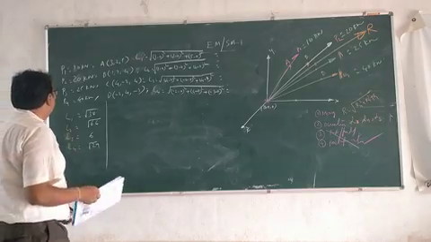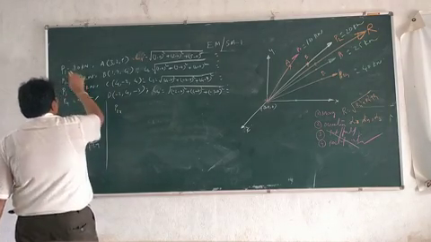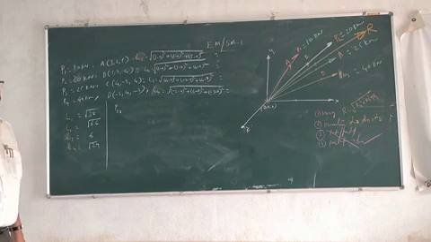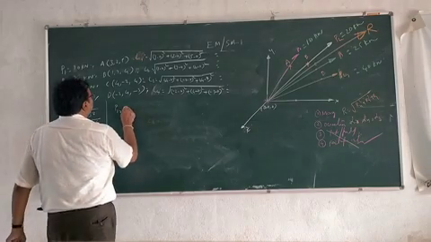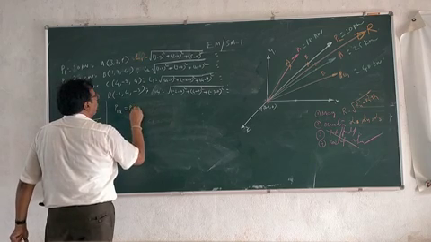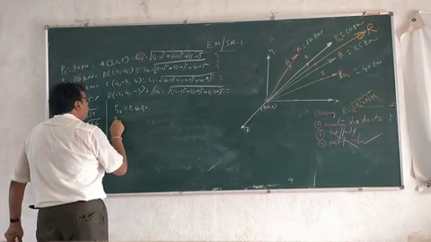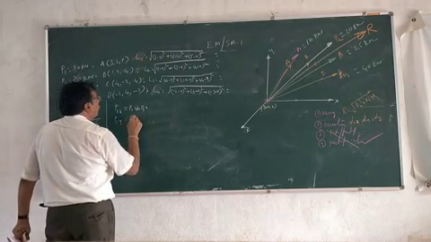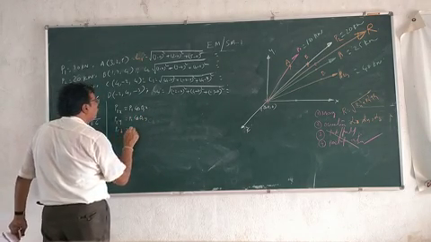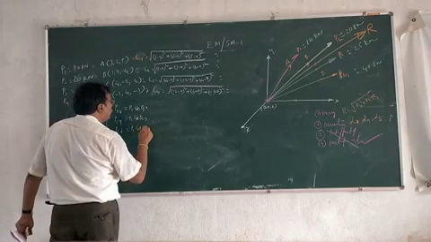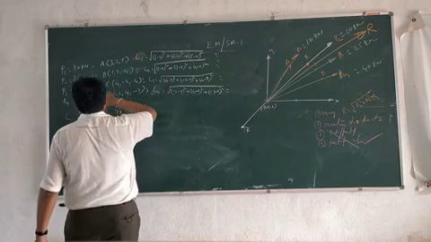Okay, but we should know the components of P1. There are three coordinates: x coordinate, y coordinate, and z coordinate. P1x is equal to P1 cos theta 1x, P1y equals P1 cos theta 1y, P1z equals P1 cos theta 1z.